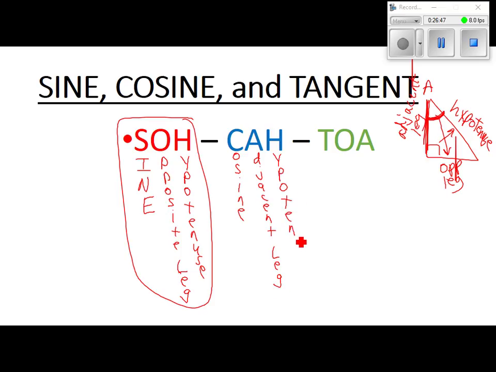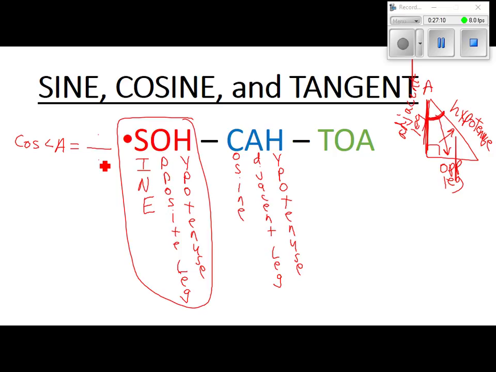Hypotenuse. It's hard to spell things up. So the cosine of angle A is always going to equal the adjacent leg on top and the hypotenuse on bottom. Those two numbers, that ratio.